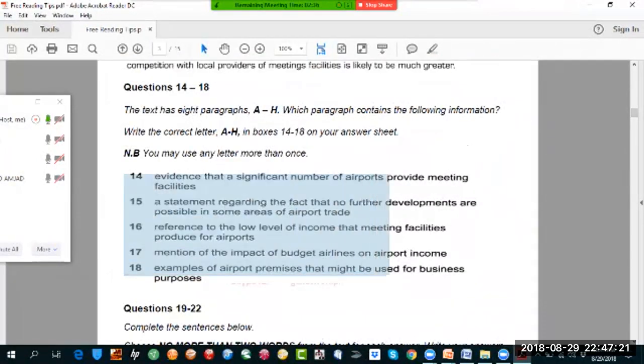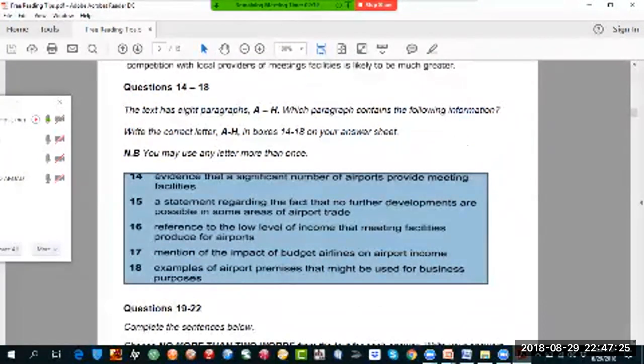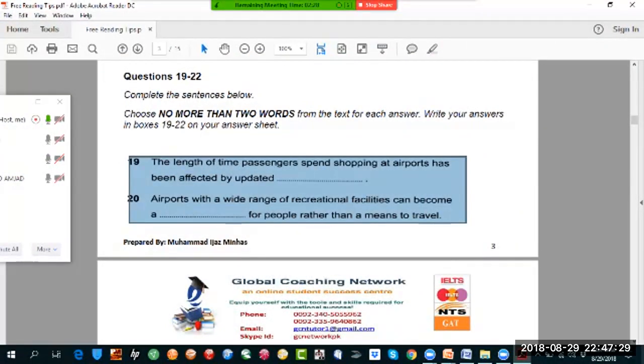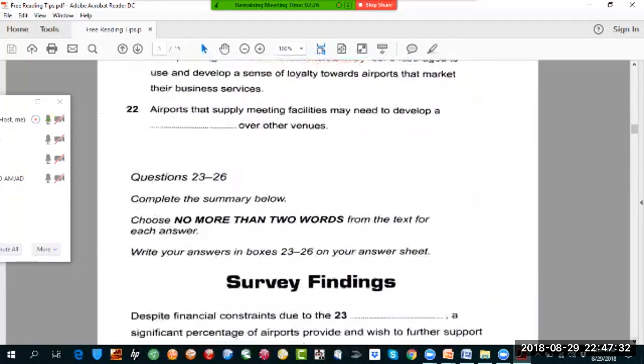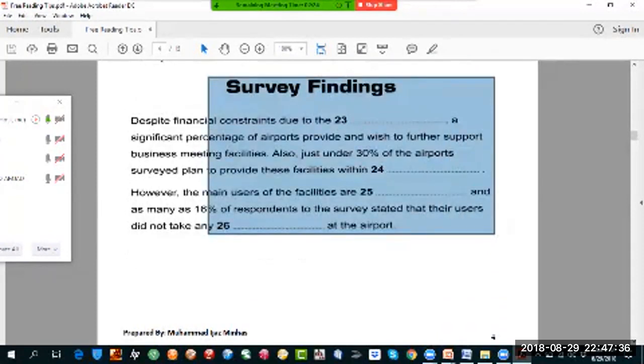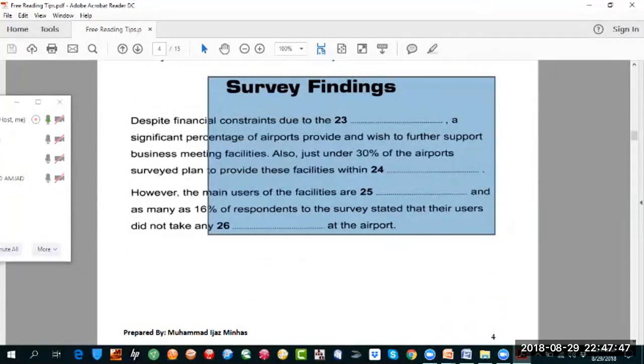First for this, then you read paragraphs A, B, C, D, E, H. Then you again read paragraphs A, B, C, D, H to find the answer of this. Then you again read paragraphs A, B, C, D, E, H to find the answer of this. You are reading those paragraphs three times, and what will happen? You will try to read them at a very fast speed. And once you read very fast, you don't understand it.